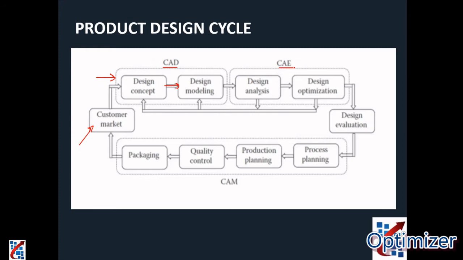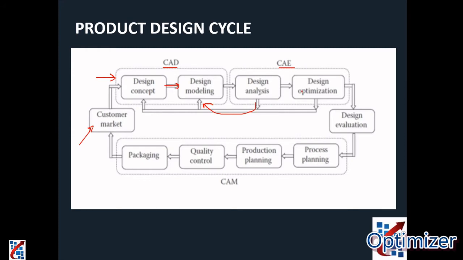For example, what different pressures, forces and boundary conditions are applied on that product, that we assign virtually, and the analysis is carried out. If any changes are needed, you change the design model, make some modification, bring it again to design analysis and test. If it is okay, then we move towards the next step.